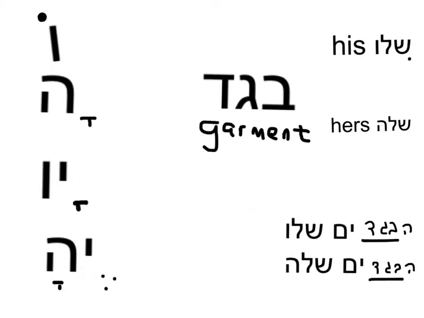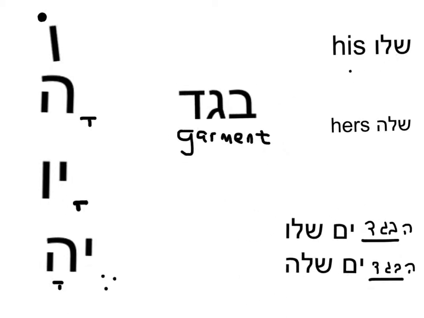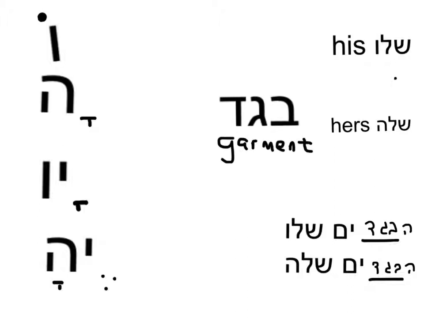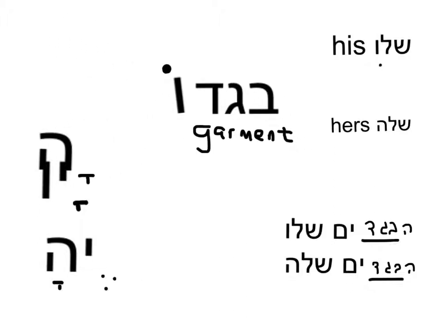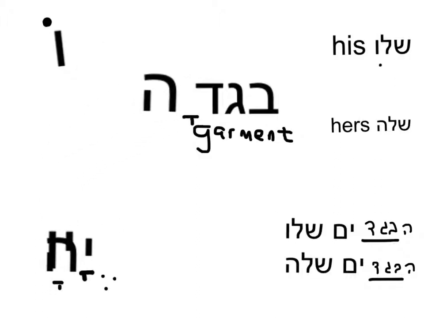So let's quickly make a review. And once again, so you have beged, and then let's say bigdo, call out. His garment, excellent. One garment belonging to him. Bigda, call it out. Her garment, awesome.